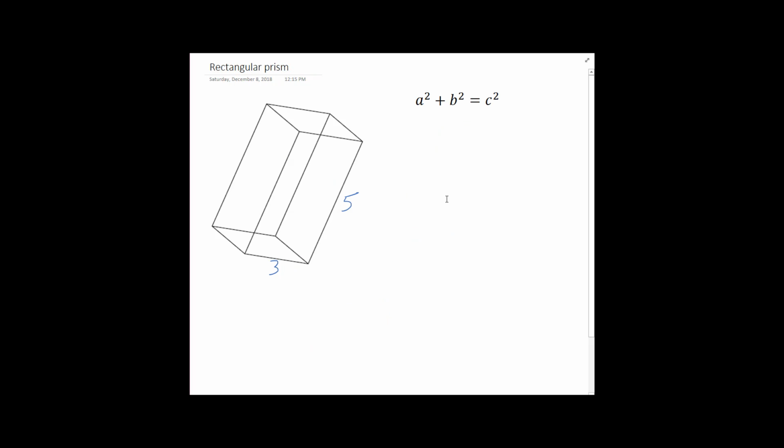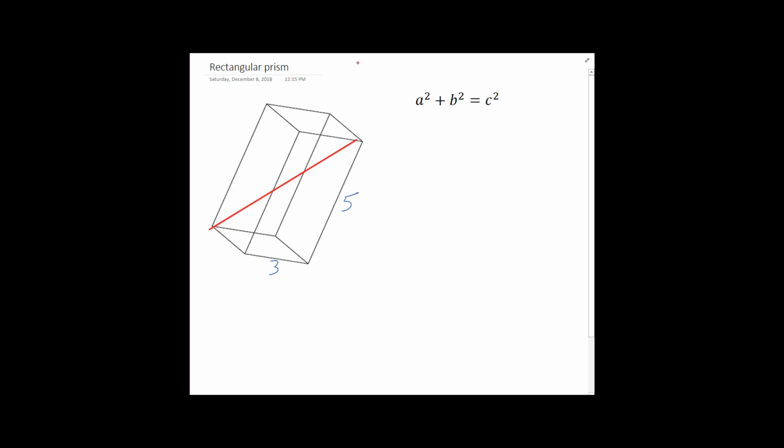Rectangular prism, same principle. We have to do the same thing. So again, let's say that we asked you to find the length from one corner to the other corner of this rectangle. Okay? So once again, we look for our right triangle.